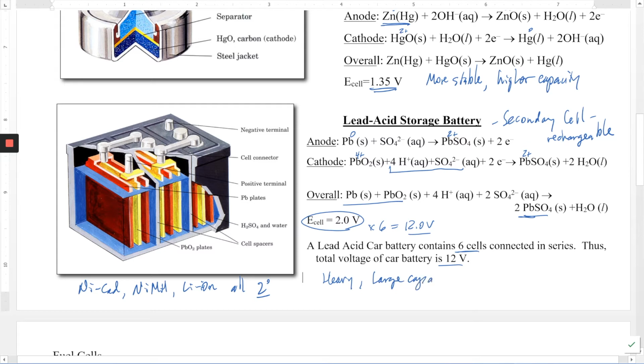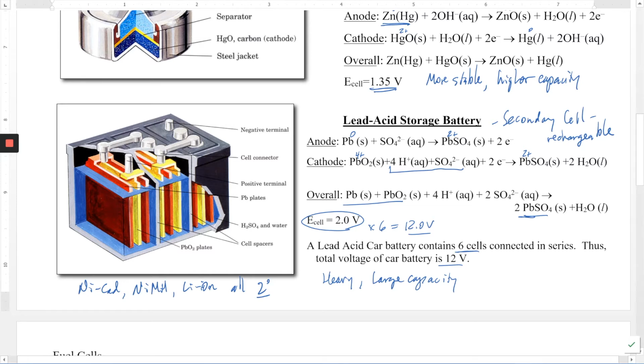And so these are used in cars when you need a large amperage, a large current coming out to get your car started. And then the car engine has a device called an alternator, which kicks in and starts recharging the battery and also provides electrical service to the rest of the car.